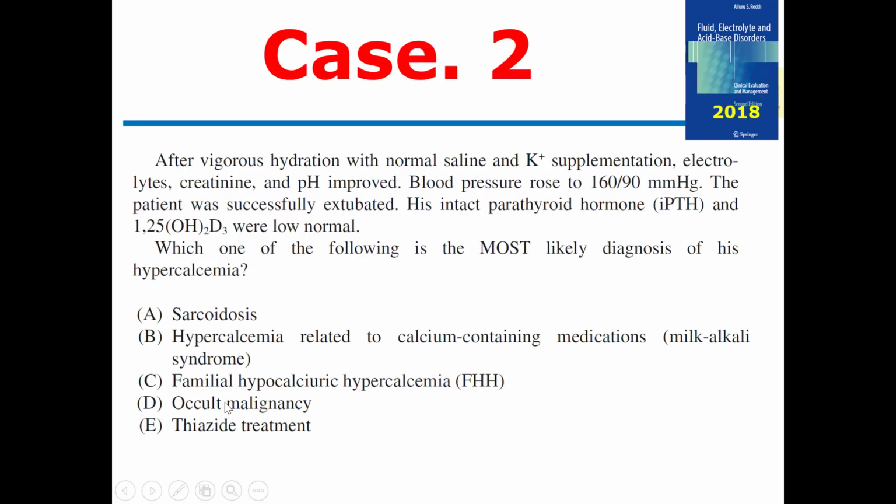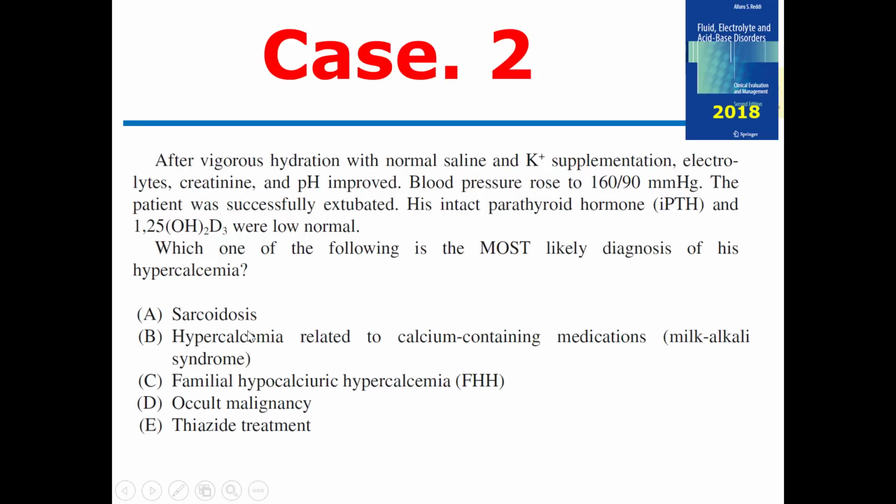Occult malignancy, PTH related peptide, and radiology are within normal, but it should be excluded. Familial hypocalciuric, there is no hypocalciuria, so it is not familial hypocalciuric hypercalcemia. Sarcoidosis, it is not sarcoidosis because there is no manifestation, plus active vitamin D is low normal.